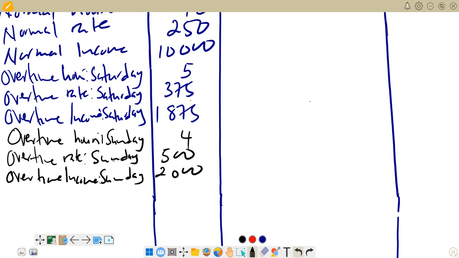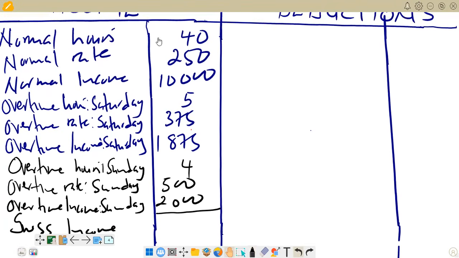So now we have calculated all the incomes that we have. So we add all what we have in this column now here to get the gross income. Whatever is in the column, we add.